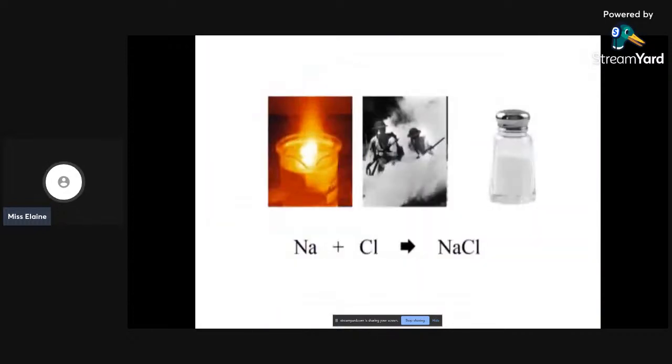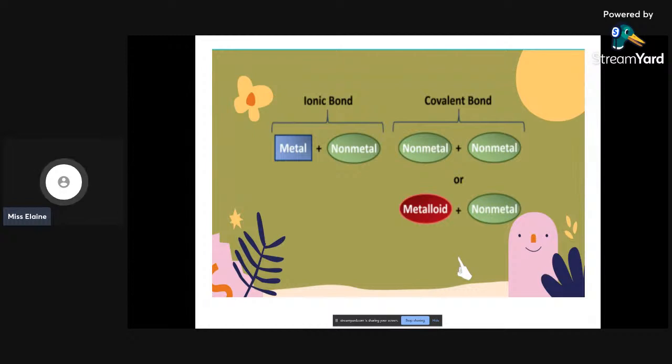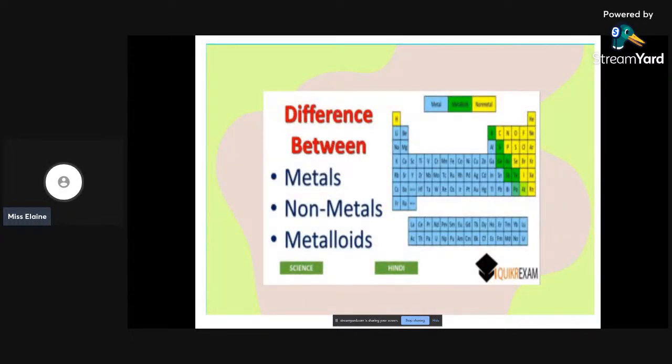So that's an example of an ionic bond. How about covalent? Let's construct. When we say non-metal and non-metal, let's find non-metal and non-metal.